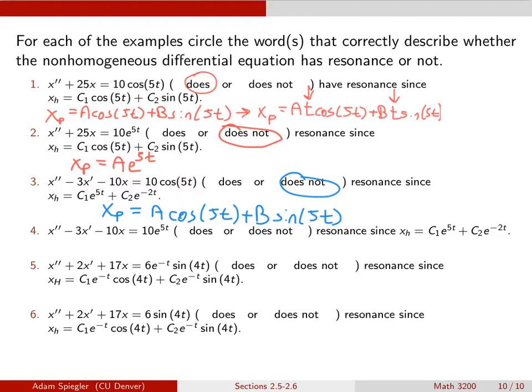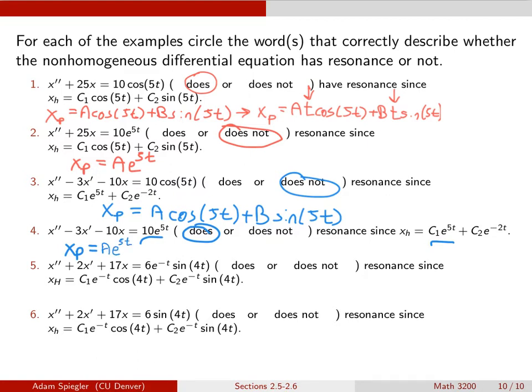In question number 4, here we've got the left side of this differential equation has homogeneous solution over here, and we can see that this term and this term, they're the same up to multiplication by a constant. So this one does have resonance, and therefore our guess, which initially might have been a e to the 5t.